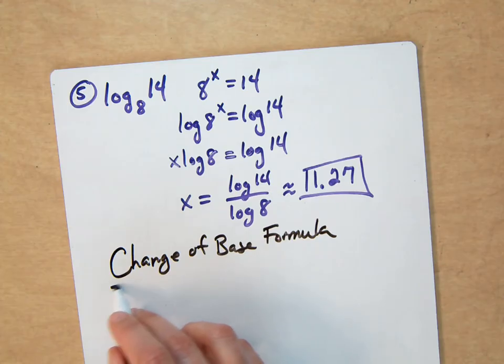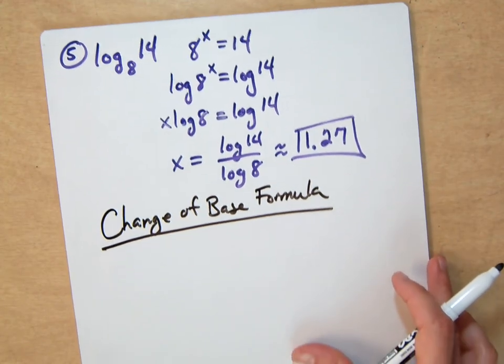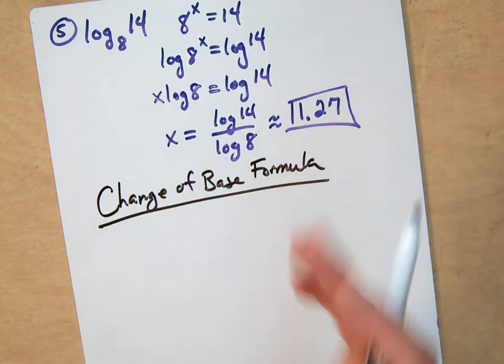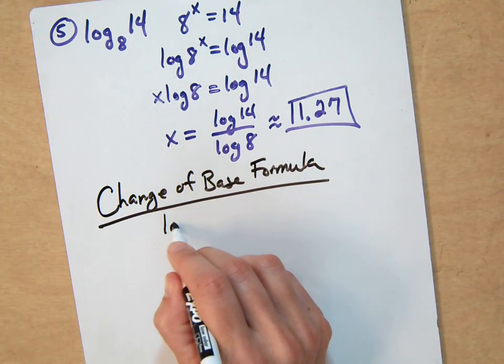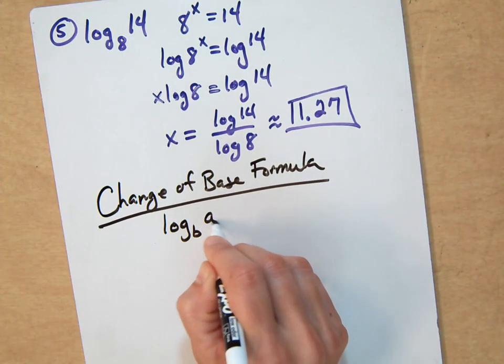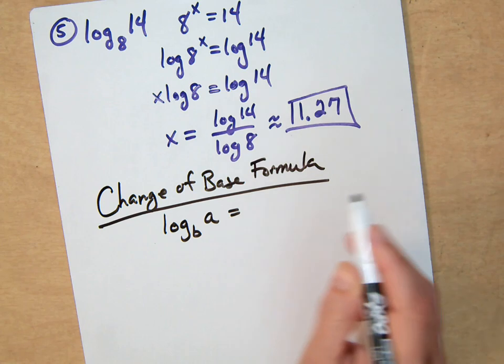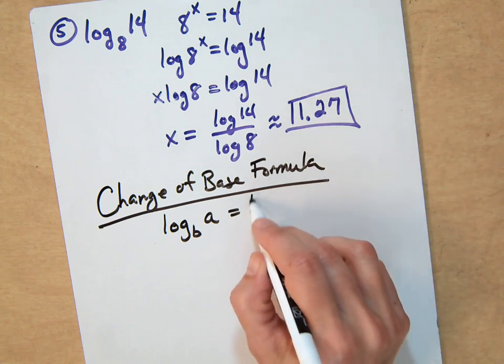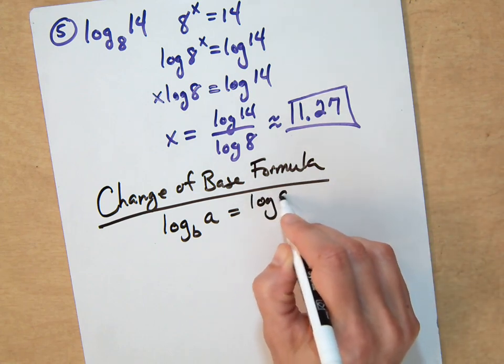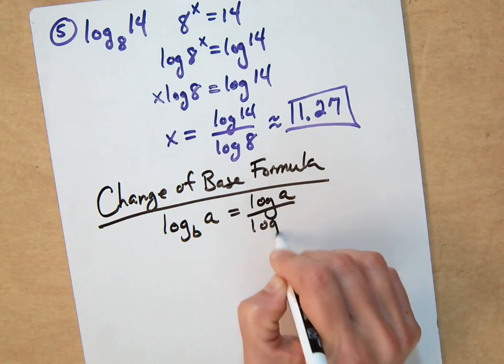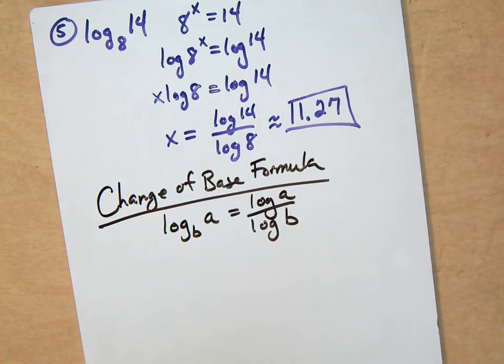This is the formula that you do not need to memorize because you understand how it works. If you have log base b of a, that will be log a over log b, and that's the change of base formula. And that always works for all of these.